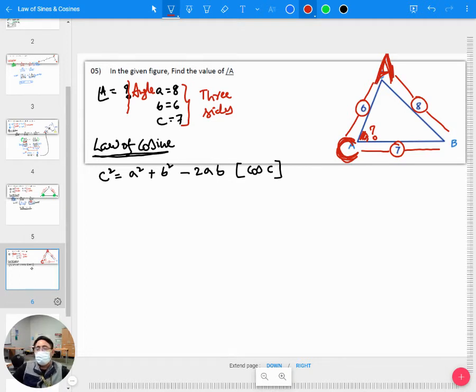Then what is C square? The side opposite to C, that is 8 here.